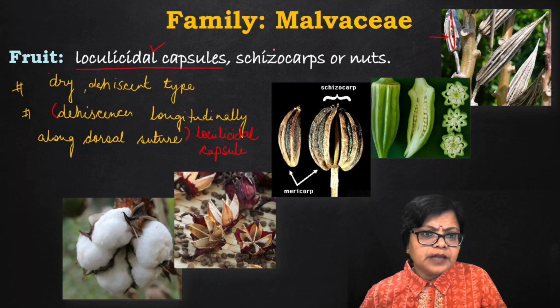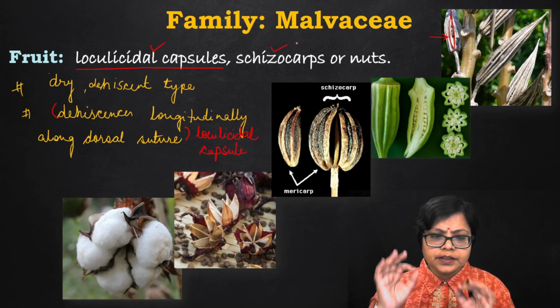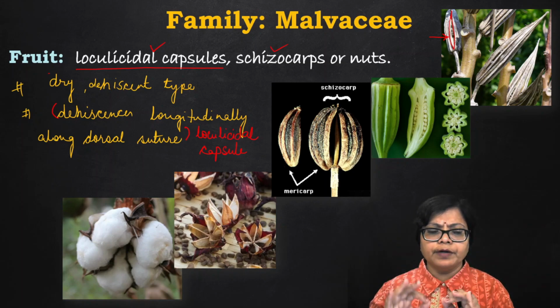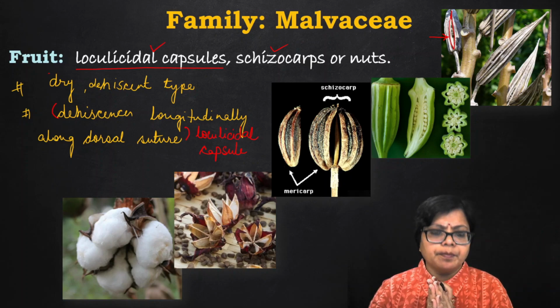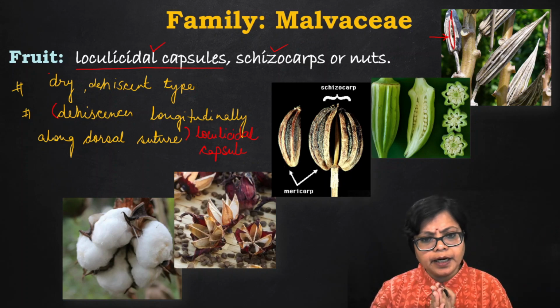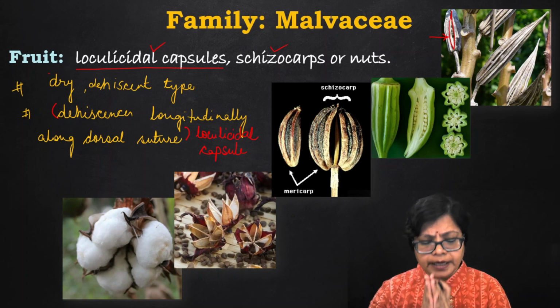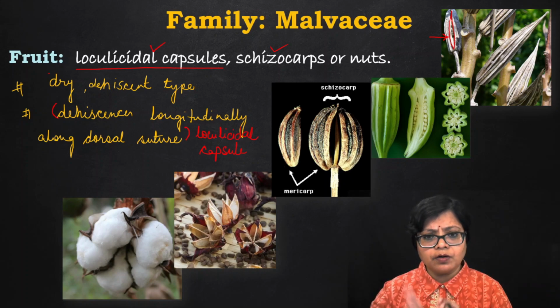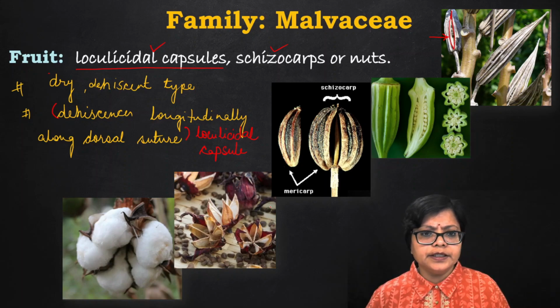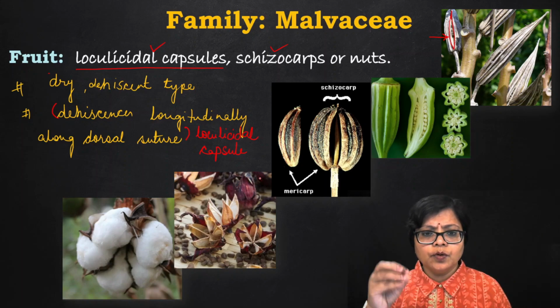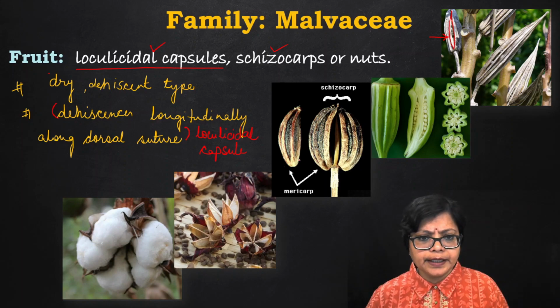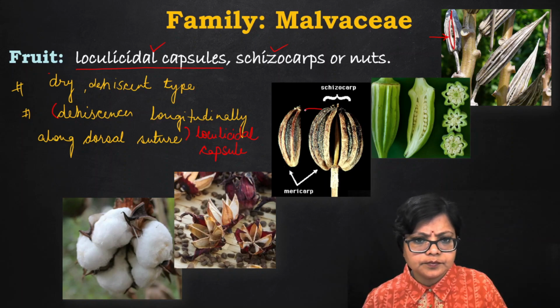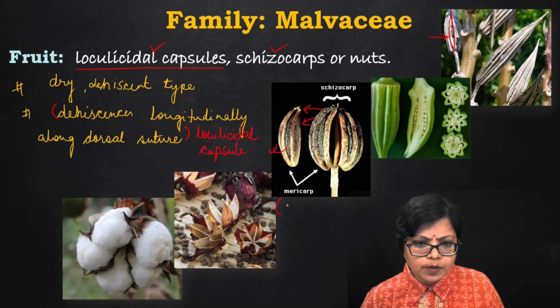Now schizocarp. This also develops from many carpels, and here also dehiscence is by longitudinal slit, but it dehisces into many mericarps containing one seed each. This represents a mericarp, a one-seeded structure.